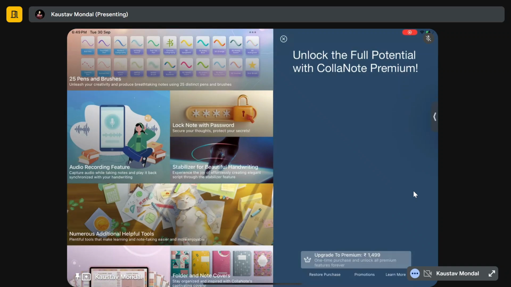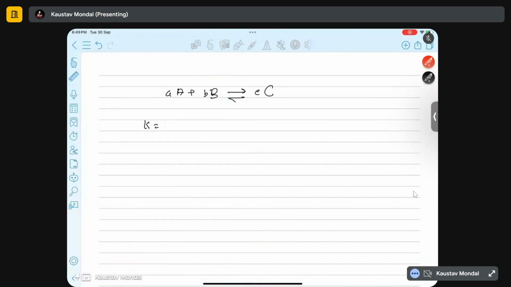Let me write it first: the product over J of qJ0 to the power nu J into e to the power minus delta E0 by RT.